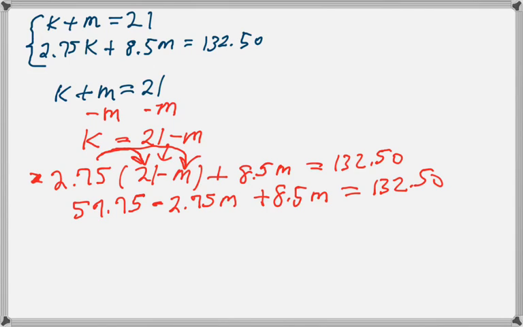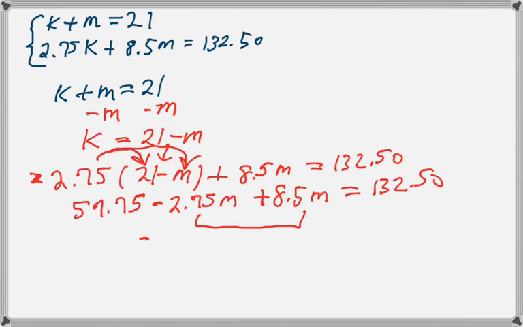Okay, so let's go ahead and combine our like terms here. We have a negative 2.75 and 8.5. So together, that's going to give us 5.75.